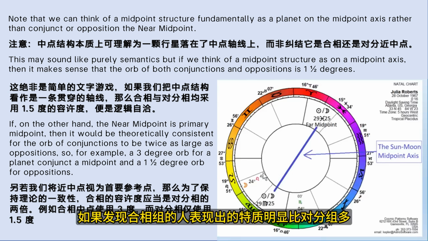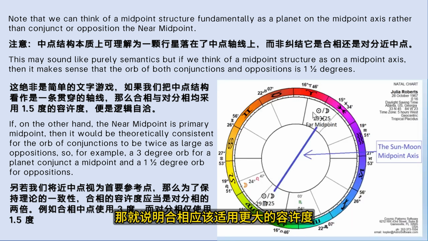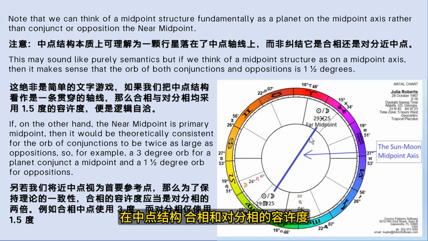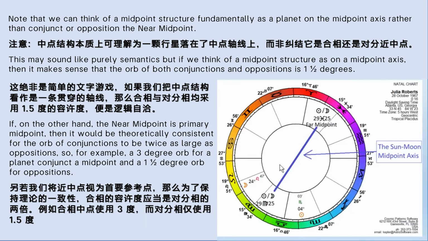If we start seeing that the people with the conjunction have more of those qualities than in opposition, that would suggest the orb is bigger for conjunction. So we haven't done those kinds of controlled research studies yet, but it seems fairly clear from personal observation that the conjunctions and oppositions have the same orb in midpoint structures.